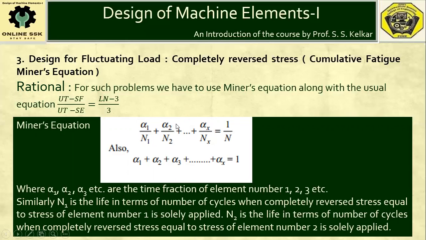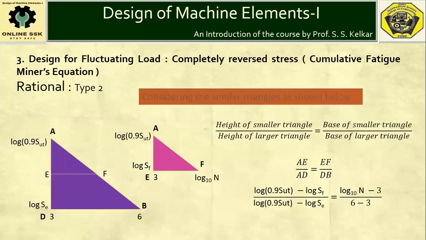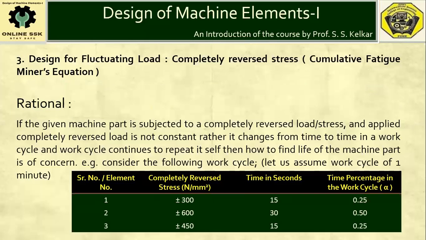Here alpha 1, alpha 2, alpha 3, etc., if added, represent 1. Actually alpha 1, alpha 2, alpha 3, etc. are the fraction of the working cycle for which the completely reverse stress is induced inside the machine part.